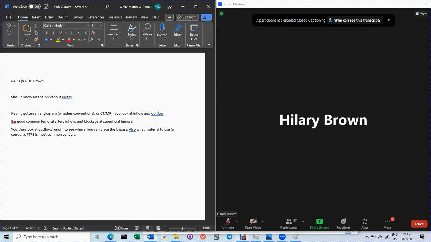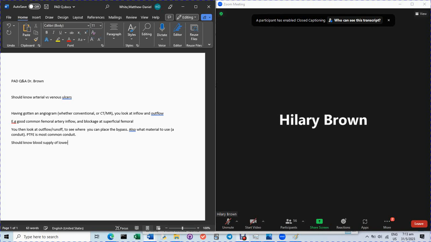The external iliac will go under the inguinal ligament to become the common femoral artery, which then has a bifurcation. The superficial femoral artery will become the popliteal at the adductor hiatus. Beyond that, you will transition to the below knee popliteal and to the tibioperoneal trunk. The first takeoff from the tibioperoneal trunk is the posterior tibial, and then your posterior tibial and your peroneal basically, there's another bifurcation, right? So that you should understand.